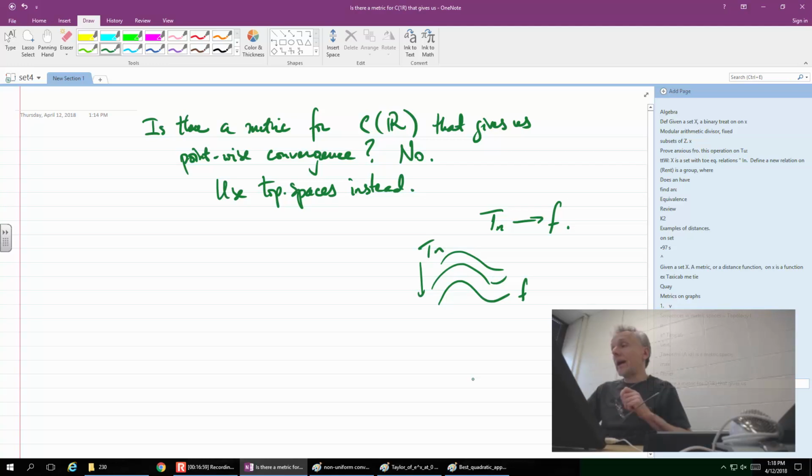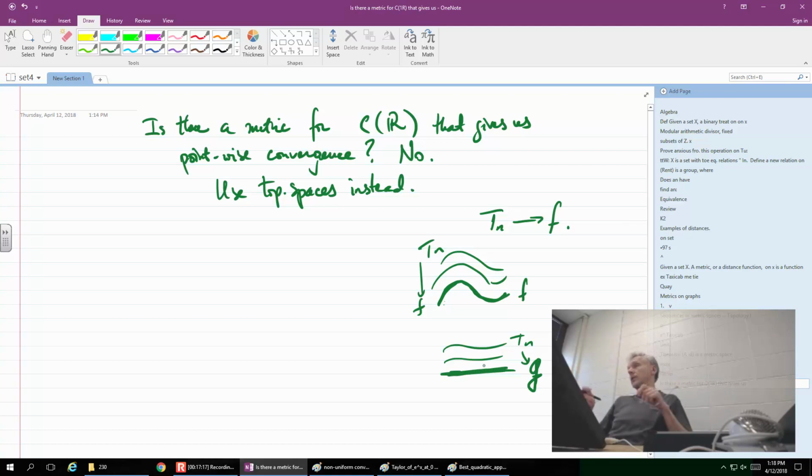Somewhere else, a function might be entirely different, like this, and once again we have a convergence of t_n to it. But this function f and this function, let's call it g, are far apart from each other. There is no need for us to know the distance between f and g. When we need f, we're measuring distances in one way, and when we are trying to approximate g, we're using distance in another way.